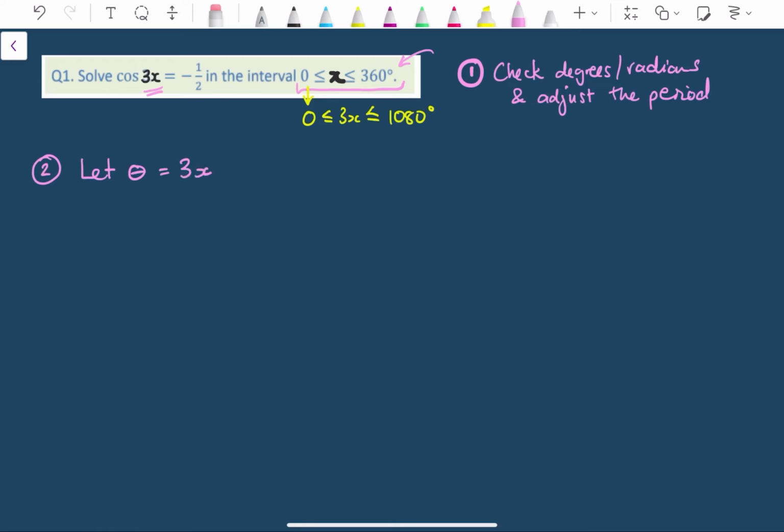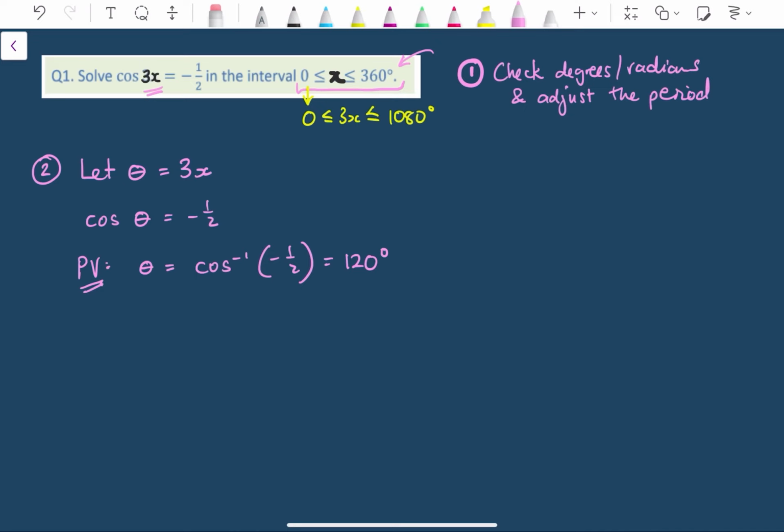And I do this before I find my principal value. So this means I now have cos of theta equaling to -1/2, and now I'm ready to find my principal value. So I say theta is equal to cos to the -1 of -1/2, and I work that out. Shift cos to the -1, and that gives me 120 degrees. That is my principal value.